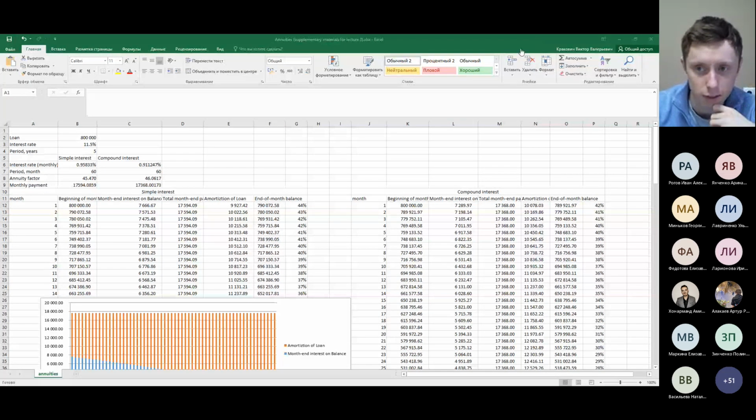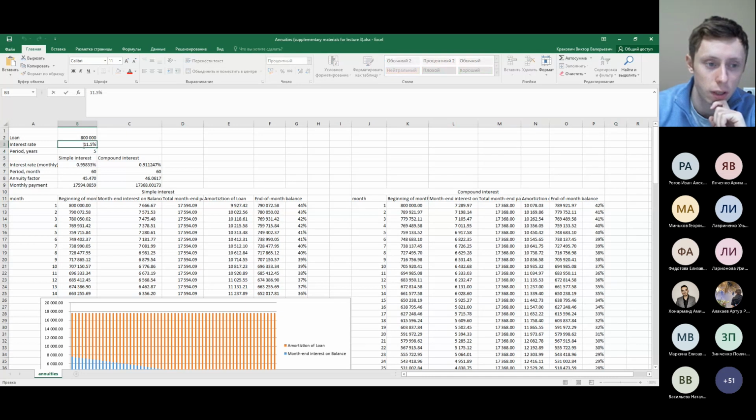There are online calculators of annuity payments, but you can do it yourself in Excel to understand the mechanics better. Here we want to borrow 800,000 for 5 years with an annual interest rate of 11.5%. Let's estimate how much money we would need to pay every month and how much we would overpay.